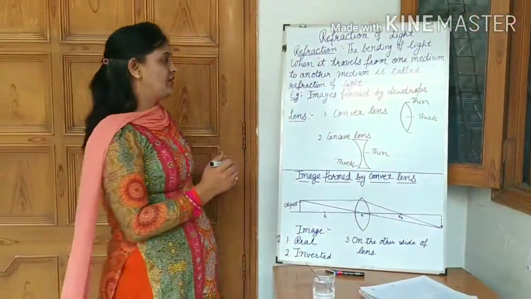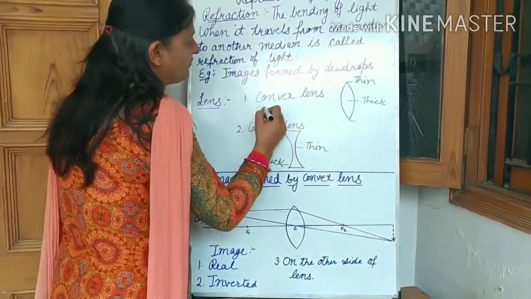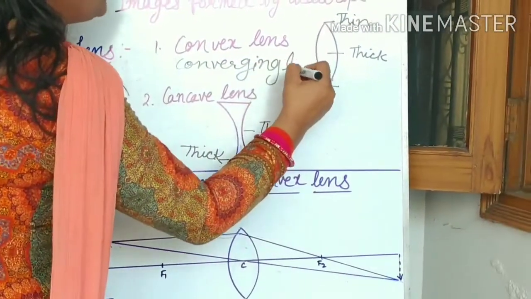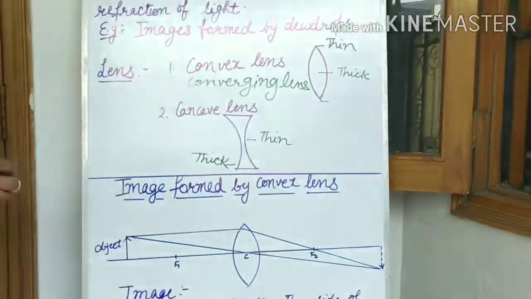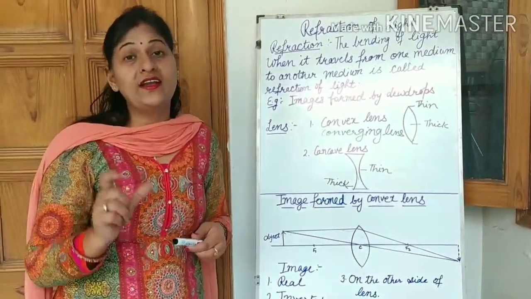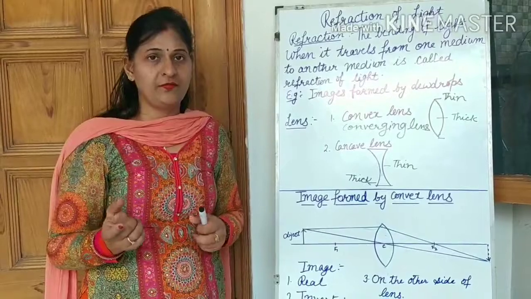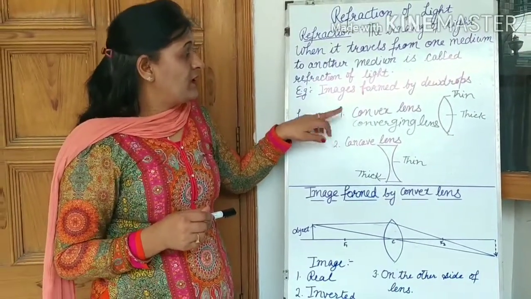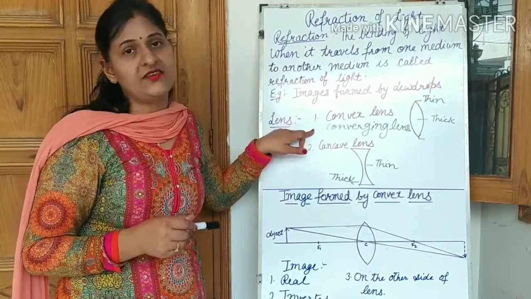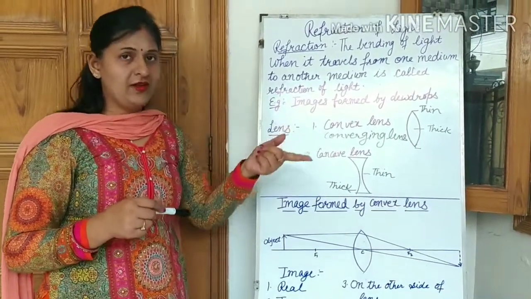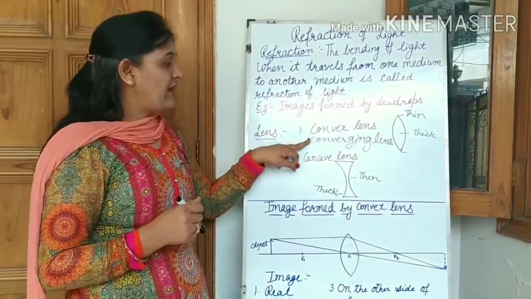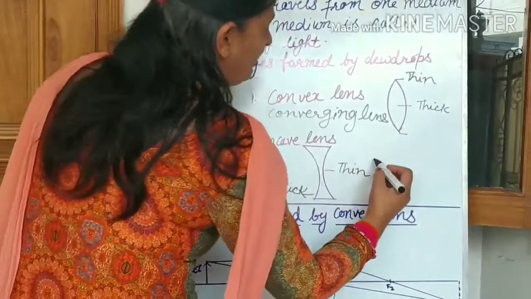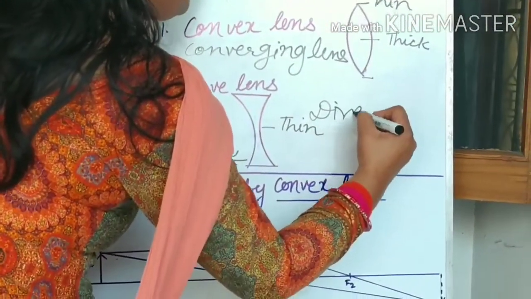One more difference, students. A convex lens is a converging lens. We call them converging lenses. You know, students, earlier in our first videos we have done that a concave mirror is a converging mirror. But it is opposite in this phenomenon: a convex lens is converging. A concave mirror is converging and a convex lens is converging, and a concave lens is diverging.